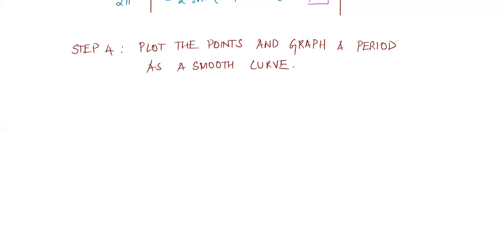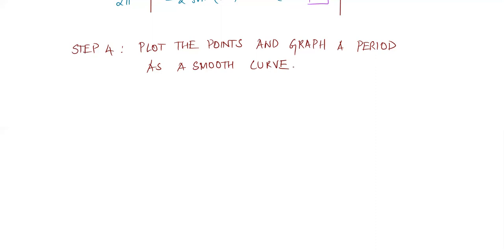Now, sometimes there might be a step 5, in response to additional information. If they wanted your angles to be in a particular range, then you would just make sure that you graph them in that particular range.